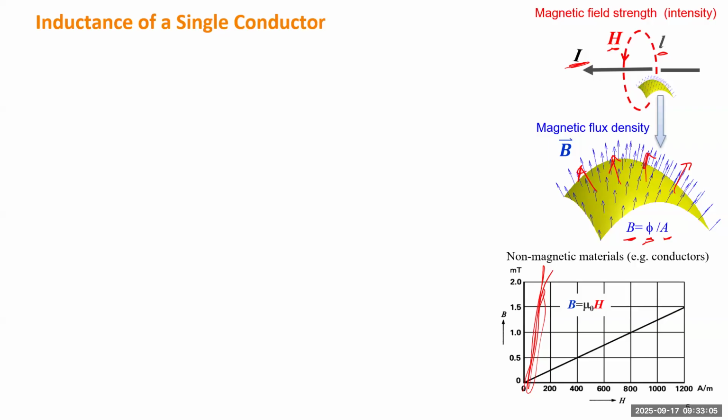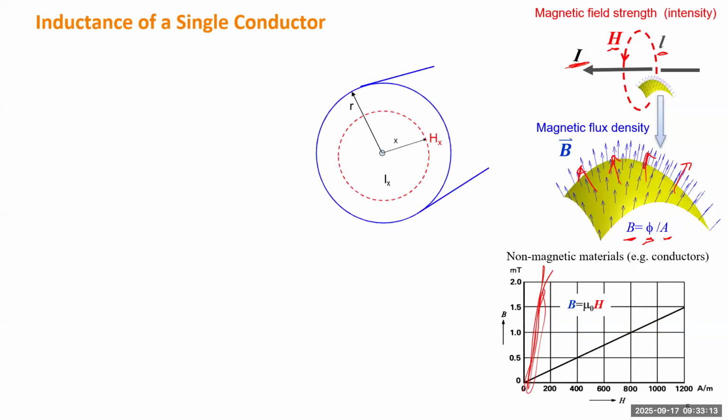Then we can try to develop the formula for inductance of a single conductor, because we are going to utilize all of this pre-knowledge. So now we are ready to consider a single conductor, which we can treat as a cylinder, with a center here and radius R, and the total current is I. Because we want to study the flux inside and outside the conductor everywhere, we have to make sure we have the formula describing the flux and the flux linkage for any distance to the center.